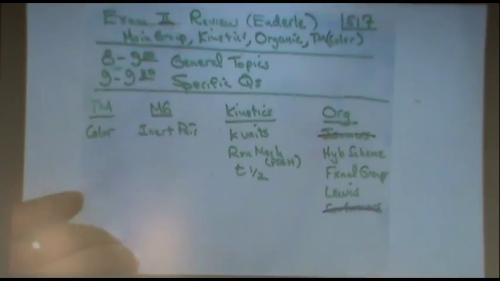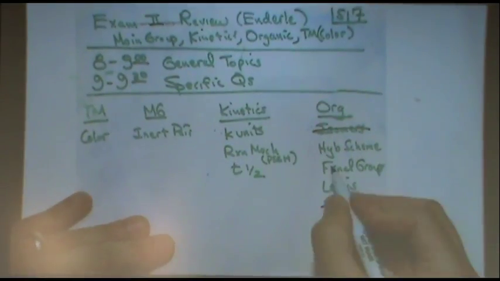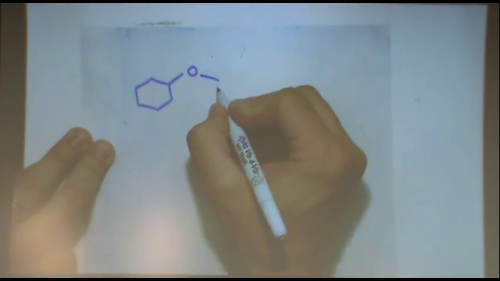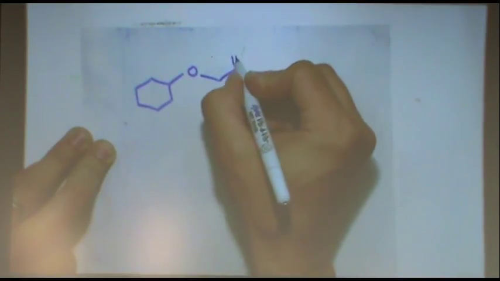All right. Let's do functional groups. You'd want to be able to identify functional groups for anything I gave you. So let's try this. Okay, I'll give you a moment. Look for all the functional groups you can see here.